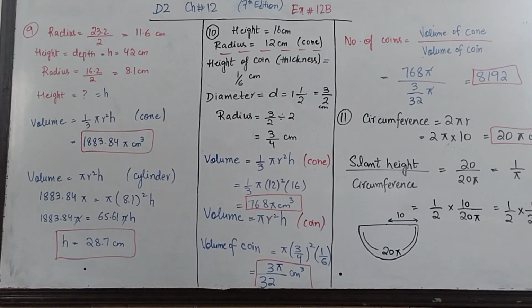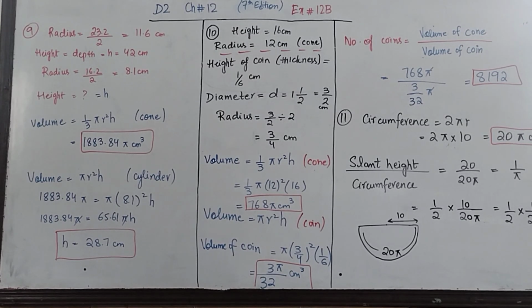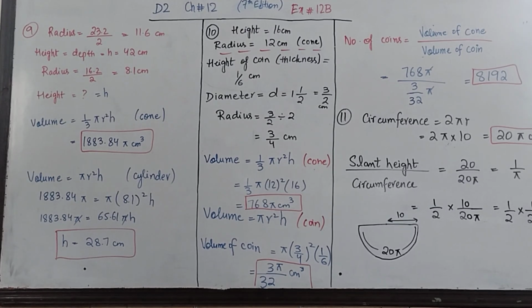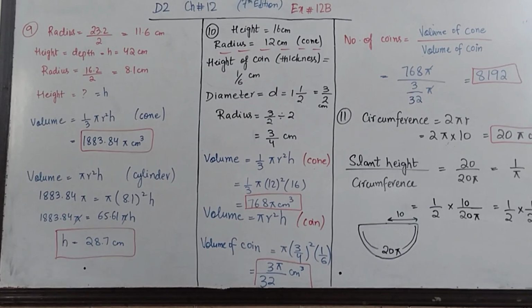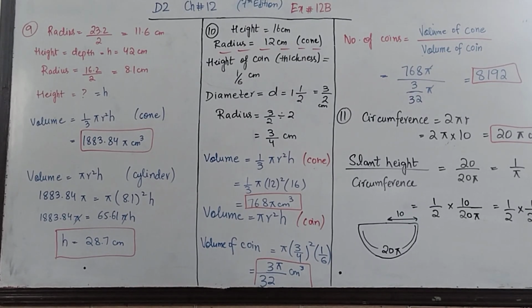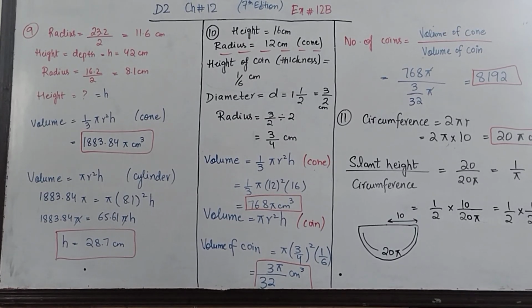Radius is 10, so when you talk about the diameter, it becomes 20. 20 divided by circumference, circumference is 20 pi, and you will get 1 by pi. But you have to make the cone with the semicircle, not with the whole circle. So here we are using the half circle. For it we are multiplying by 1 by 2. 1 by 2 multiplied by 10 over 20 pi, and the 10 is the radius from the center to one edge.